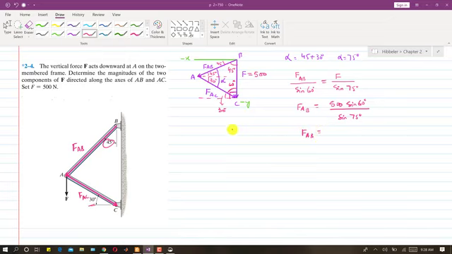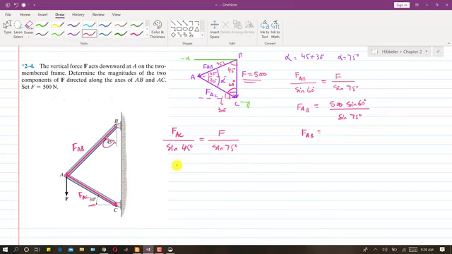Now if we apply the sines law again to find the FAC component, we write FAC divided by the sine of the opposite angle, that is 45 degrees, so sine of 45 degrees, equals the force F divided by its opposite angle, alpha, sine of 75 degrees.